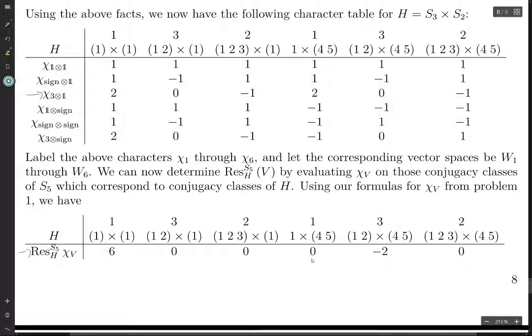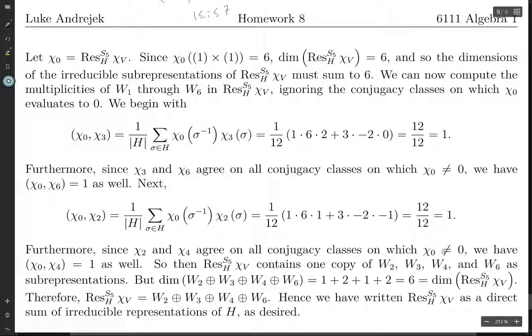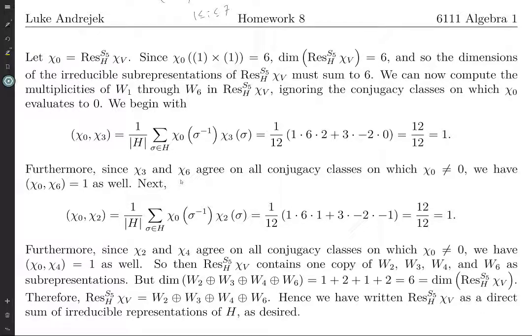So the calculation of the inner product of this row with this row in the table is going to be the exact same computation we did before, and we're going to get 12 over 12, which is 1. They agree, so this inner product is 1 as well. All right, so that's good. So we found two, so W3 and W6 are both irreducible subrepresentations of V.